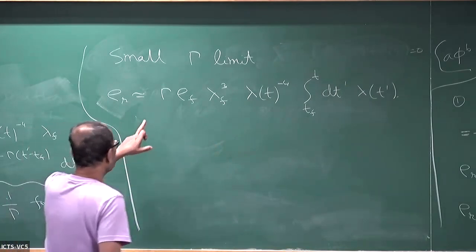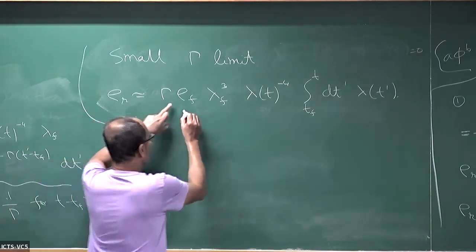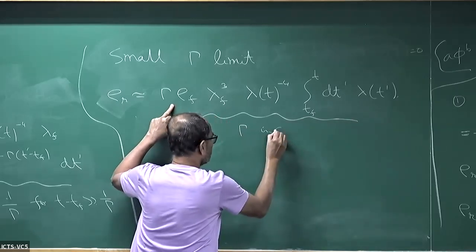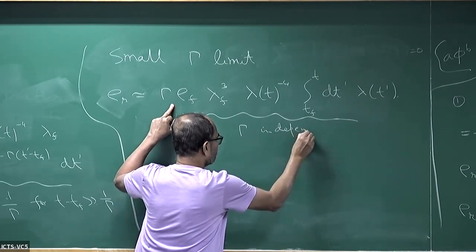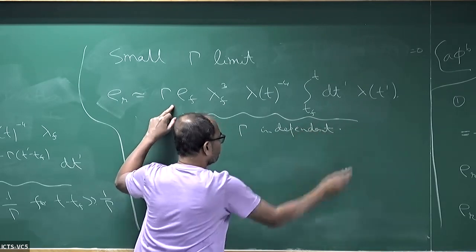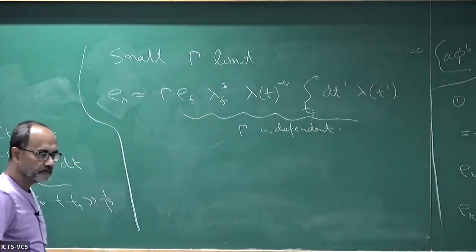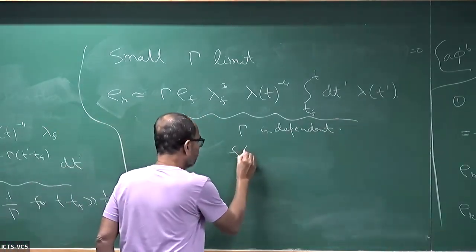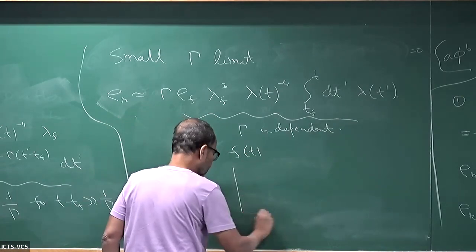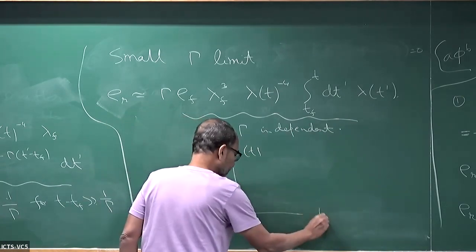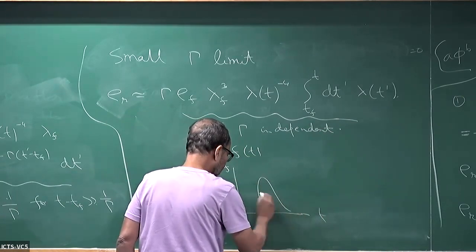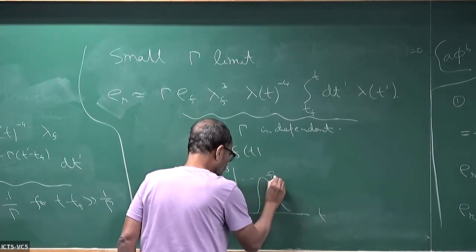So here you see that this part is independent of gamma. That is some function of t. If we plot f versus t, it will again have some maximum somewhere, call it fr.